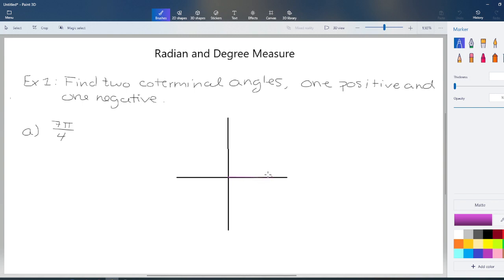My initial side goes along the positive x-axis, and then remember that we're comparing it to all of these angles. So this is pi over 2, right? Or if we want it to have the same denominator as 7 pi over 4, this would be 2 pi over 4, right? So as our angle is opening counterclockwise, we can see that it's going to go past this.